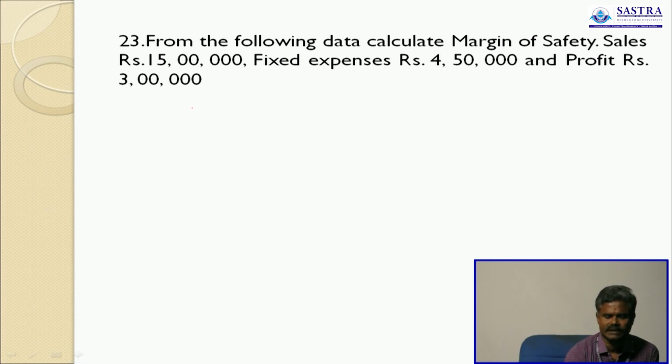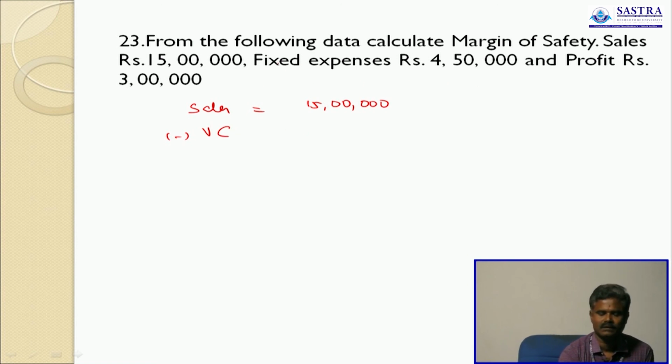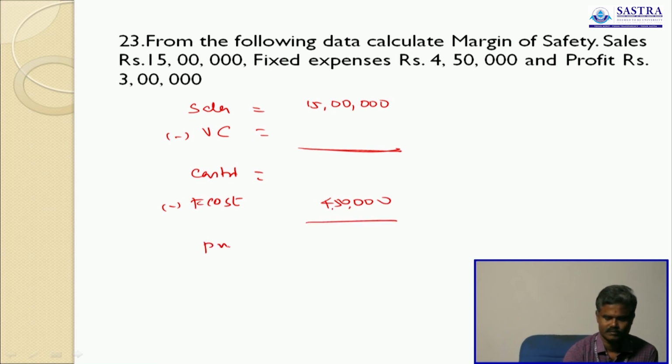Here you draw a marginal cost statement: sales equals 15 lakhs, minus variable cost, equals contribution, less fixed cost of 4,50,000, the answer is profit, 3 lakh.